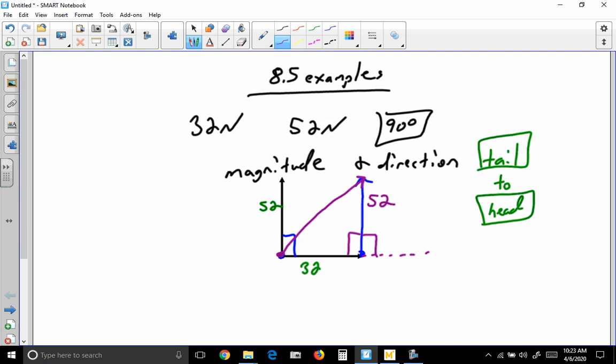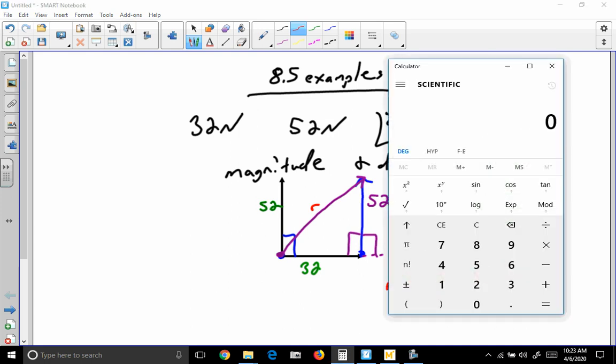Well, since that's 90 degrees, we don't have to use law of sines or law of cosines to get our resultant. We can use the Pythagorean theorem to get the magnitude of our resultant. So r squared is 32 squared plus 52 squared.